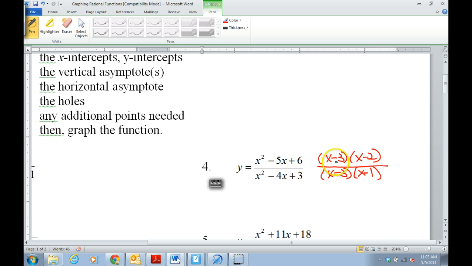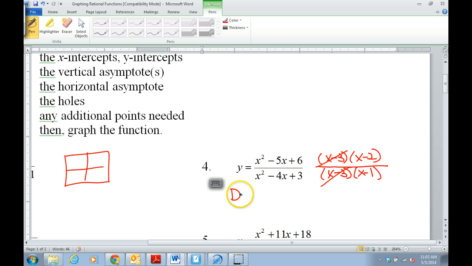If you want to know how I got that, think about it: negative 3 plus a negative 1 is going to be a negative 4. You can do the box method to solve that if you need to. All right, so here are our factors. I can cancel out something. That's that one, correct?